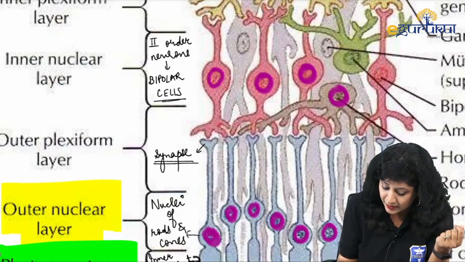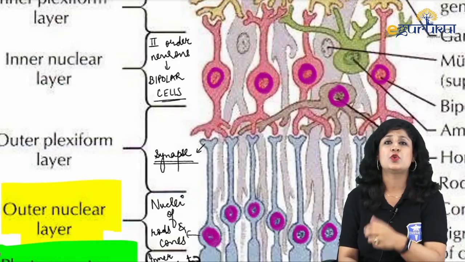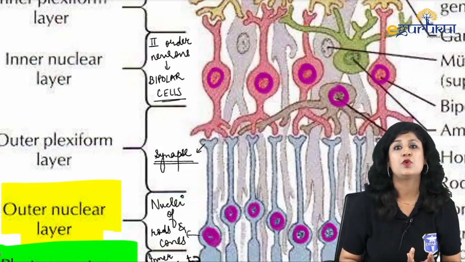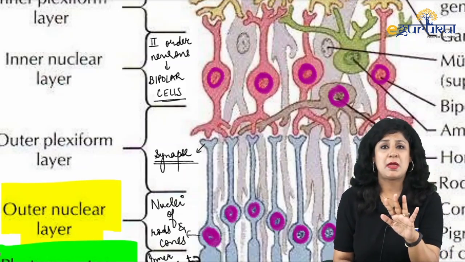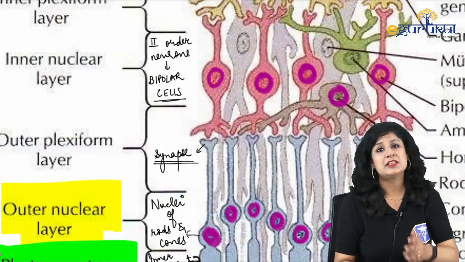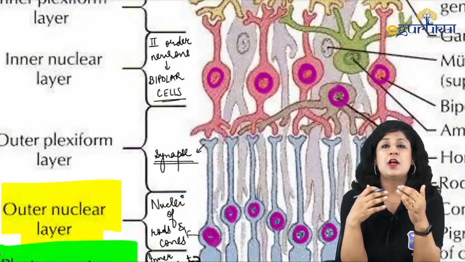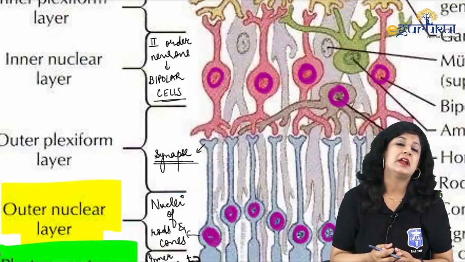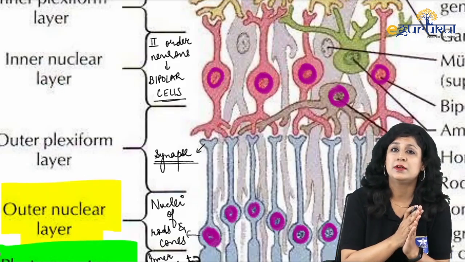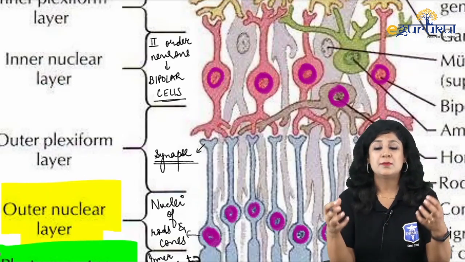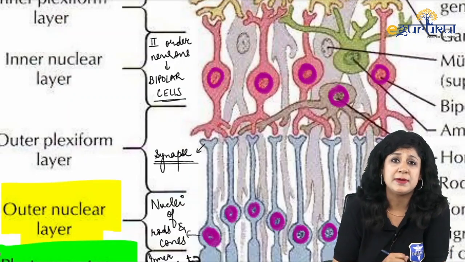Though we have got other cells also, some horizontal cells, amacrine cells, and bipolar cells, for our practical purpose, you can remember that mainly these are the bipolar cells because their synapse is between the first order and second order. So obviously, the outer nuclear layer will contain the nuclei of rods and cones, and the inner nuclear layer will contain the nuclei of the bipolar cells. In between, we have got the synapse that is present in the outer plexiform layer.